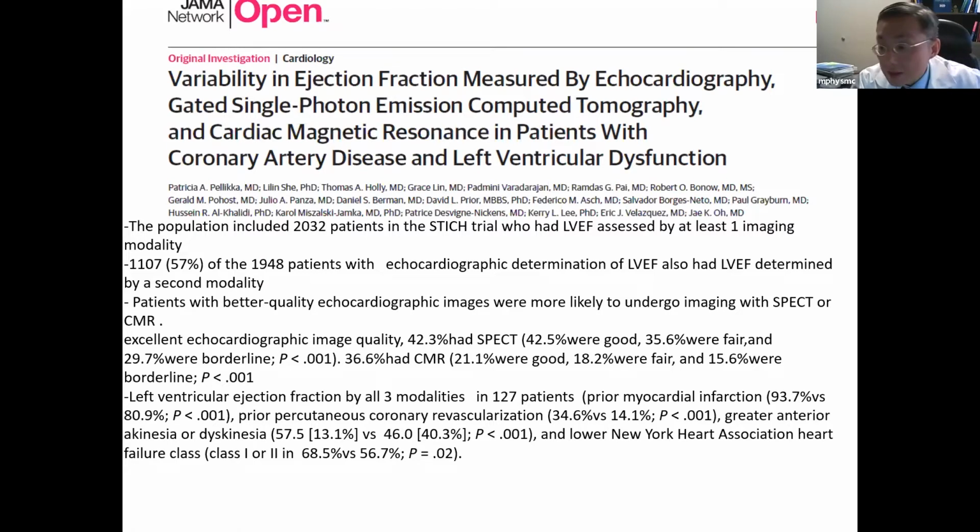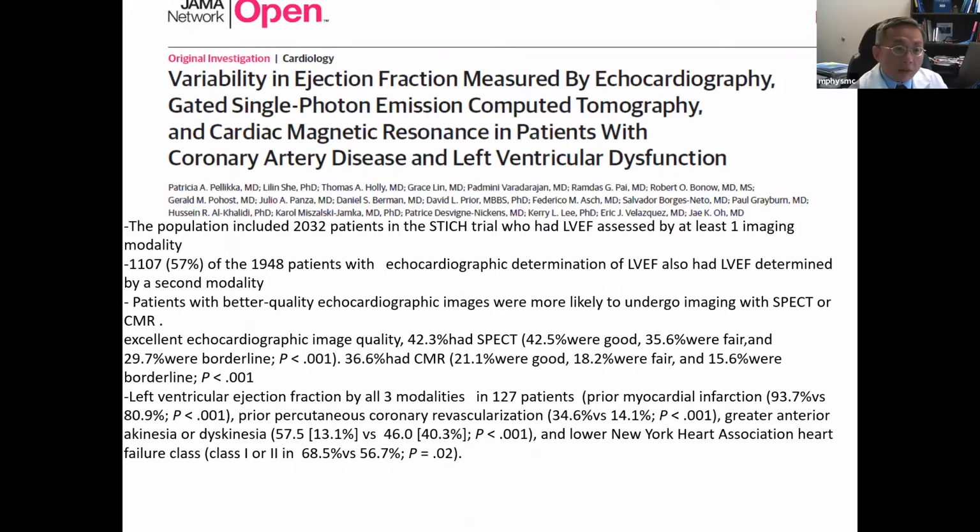Okay, I found this paper which is very interesting, because everything I talked about so far is, okay, you compare the ejection fraction between this technique and that technique. But clinically, when you get an EF of 55% and the other technique gives you 60%, I don't think it's a huge clinical difference.